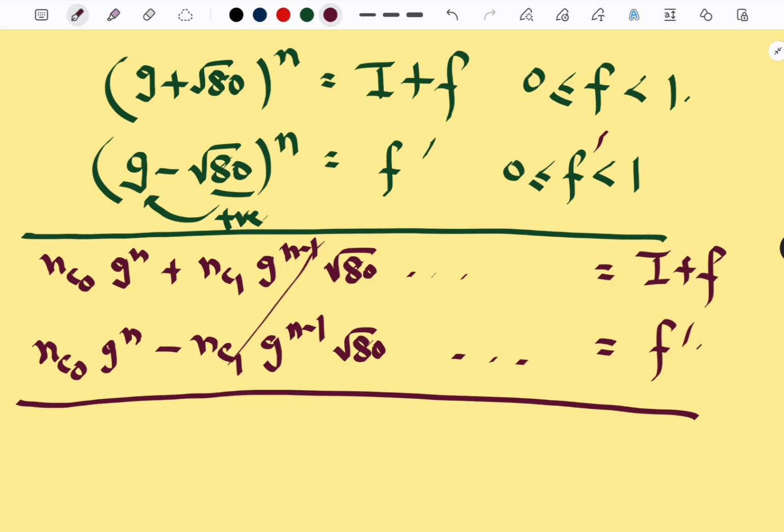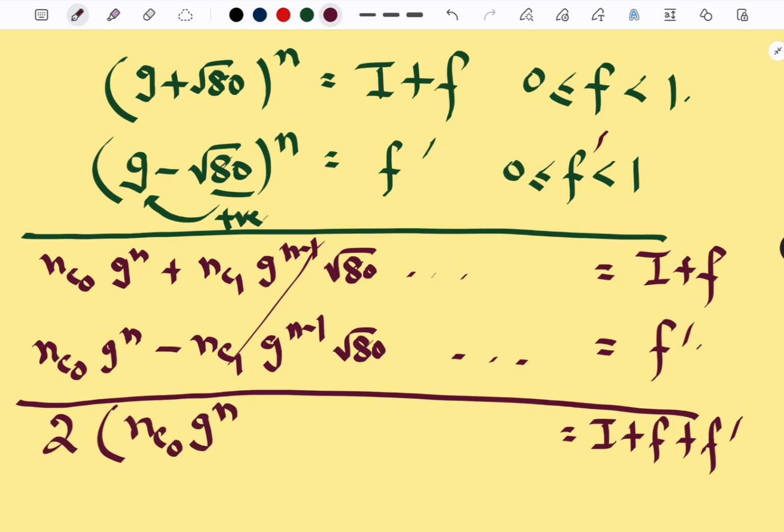We are required to add up. If we add up, we'll get I plus f', so this will be 2[nC0 9^n plus nC2 9^(n-2) (root 80)^2 plus ...]. And why did we add up? Because we want the equation to be free of surds. Root 80 squared, root 80 to the power 4, will be free from radicals, and hence this is the obvious equation.